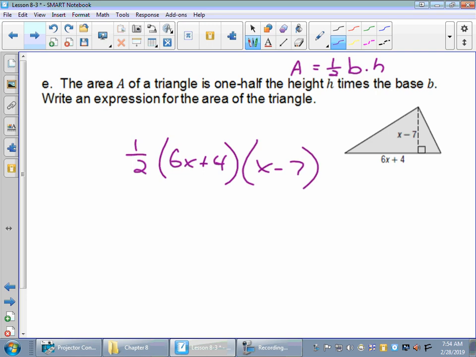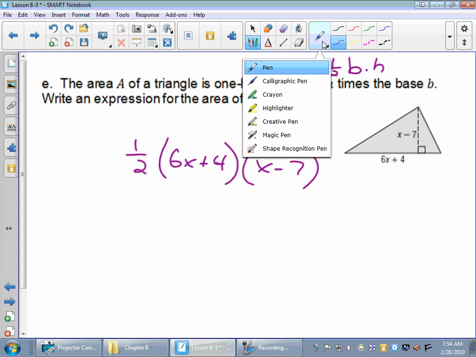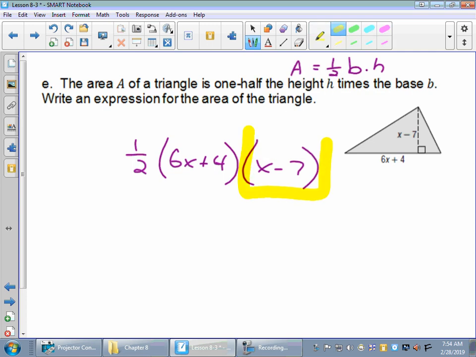Okay, so we've got basically a FOIL problem, but we also have this 1/2 that we have to deal with. Okay, so my advice to you is to ignore this area right now, over here. Just ignore this for right now. Okay, and just distribute this 1/2 through this 6x plus 4.